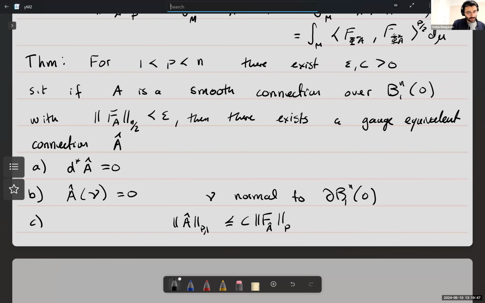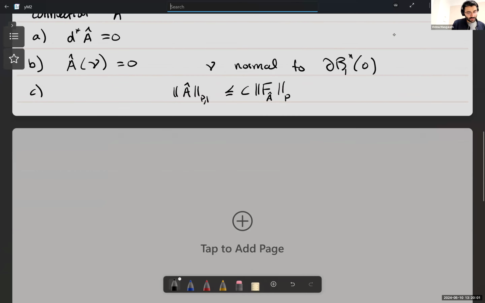It turns out that you can couple the two equations, the Yang-Mills equations plus this equation together, to get regularity properties of solutions to the Yang-Mills equations.